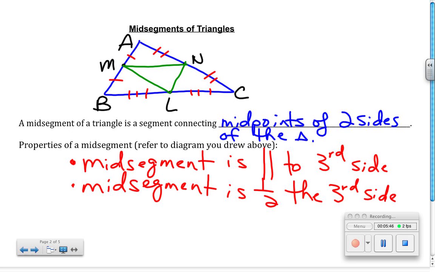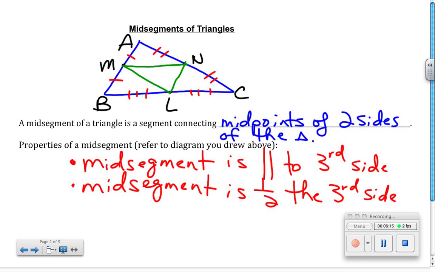And there's 2 of these segments, whereas MN, there's only 1. So the mid-segment is half the third side. So similarly, ML is half of AC. I kind of said it all weird, and I apologize. When we deal with the numbers, it'll be much more simple.